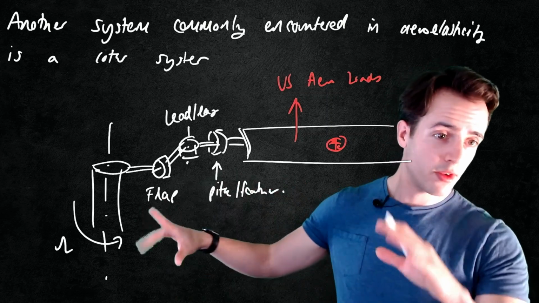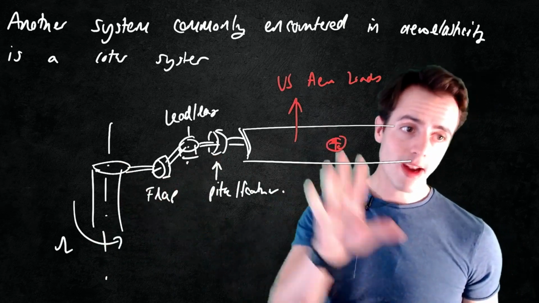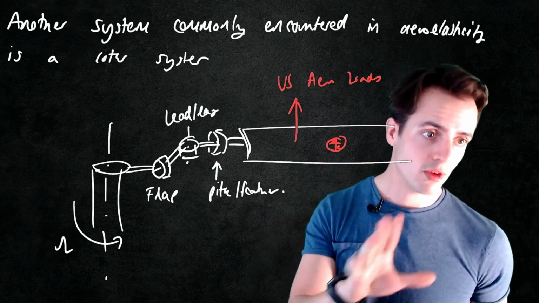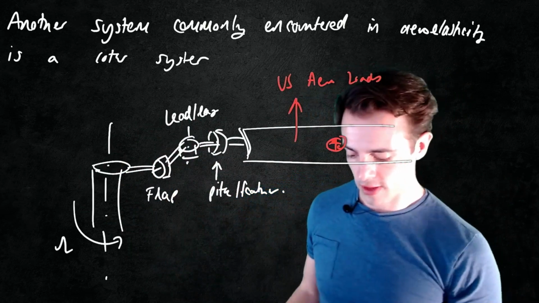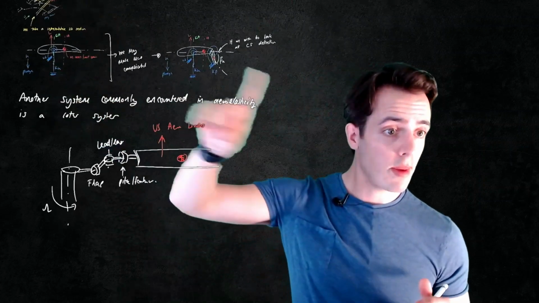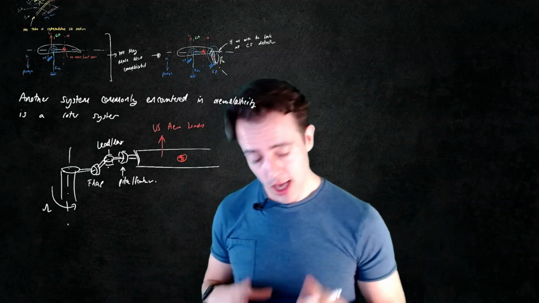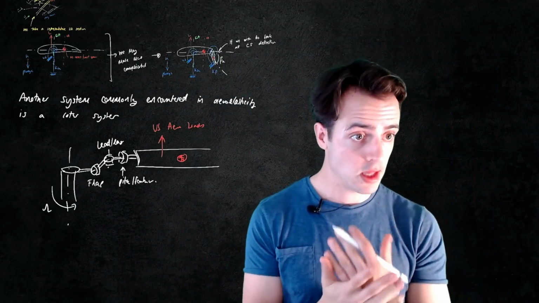Big difference with this sort of system is that we have rotation, and it becomes horrendously difficult to keep track of the forces because of Coriolis effects, because of centrifugal effects, and all of the axes transformations that we would have to do. But the reason I'm drawing these and bringing them up is that, because these systems up here, these two that we're actually going to be using, and these sorts of systems, it's very, very difficult to keep track of the number of forces in this sort of system.